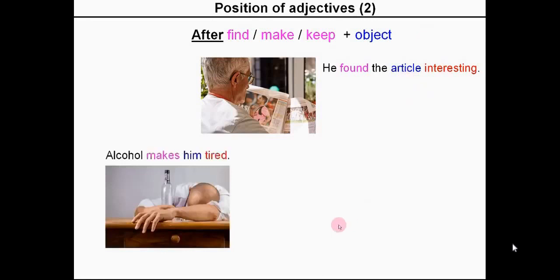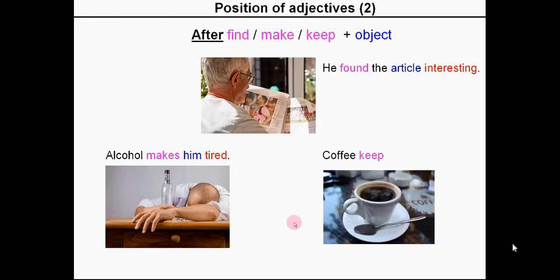Another example. Alcohol makes him tired. So the adjective tired is describing the noun or pronoun him, which is the object. Coffee keeps me awake. So the adjective awake is describing the pronoun me, which again is the object of the sentence.